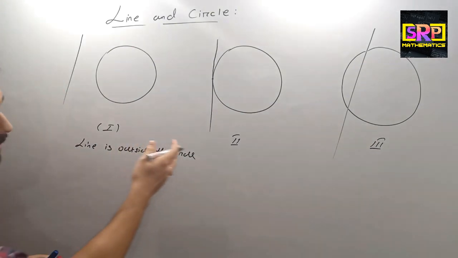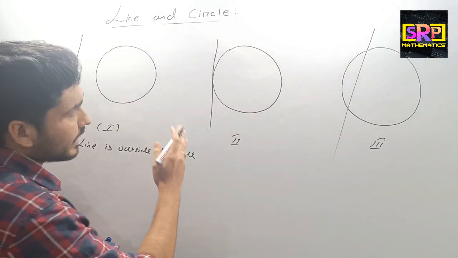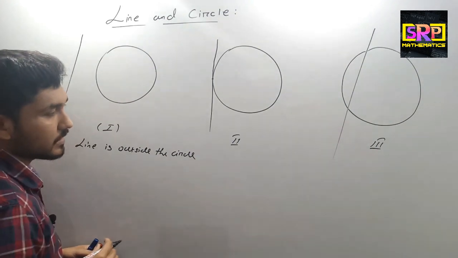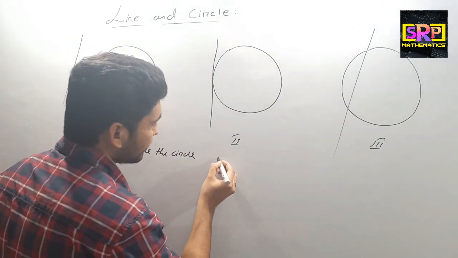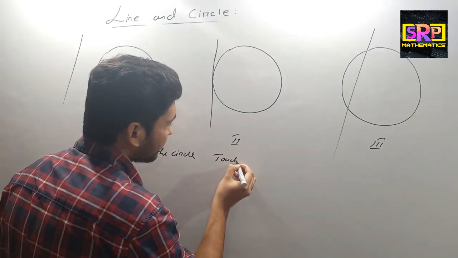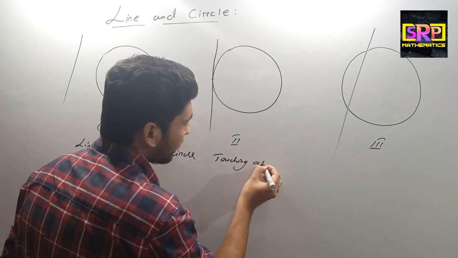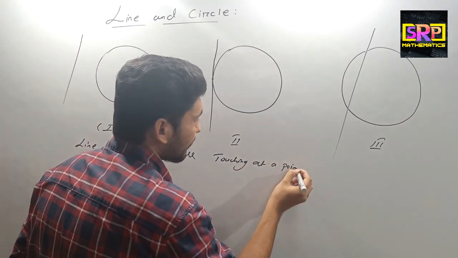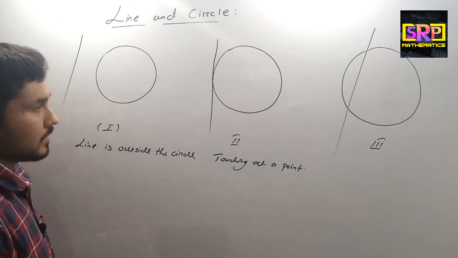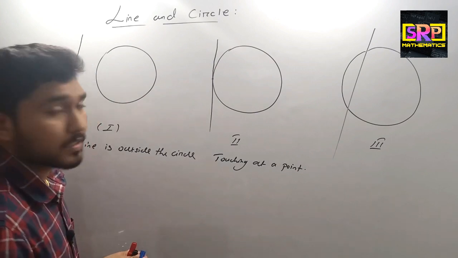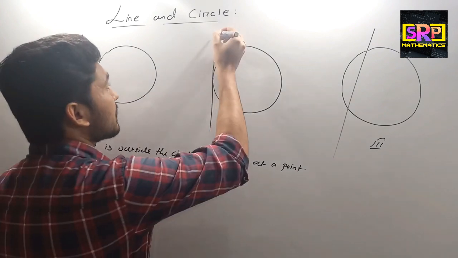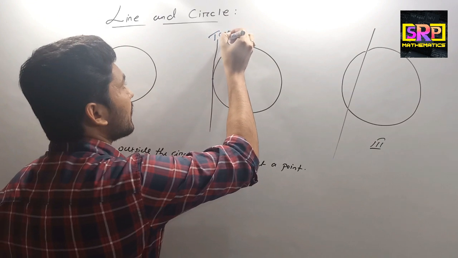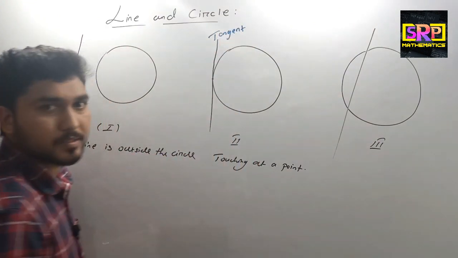Clear? And what is happening here in case 2? The line and circle are touching each other at a single point. Touching at a point. And if a line is touching the circle at a point, that is known as the tangent. We all know, right? The tangent.